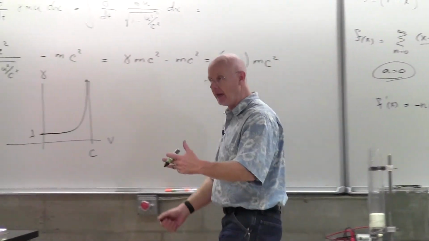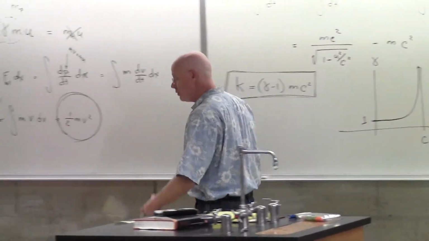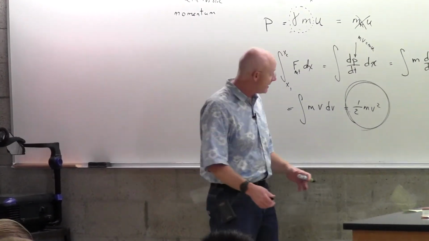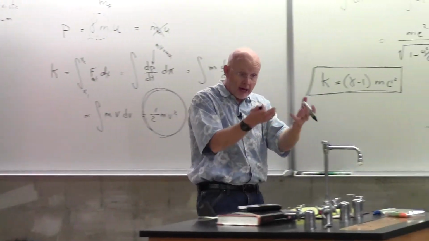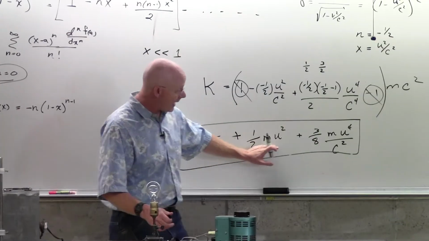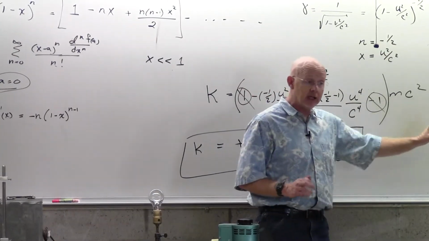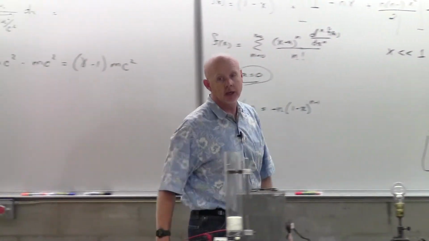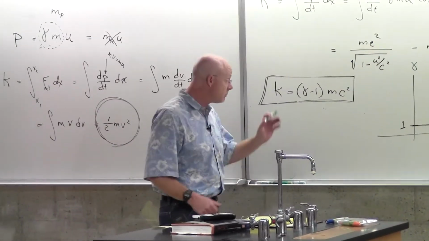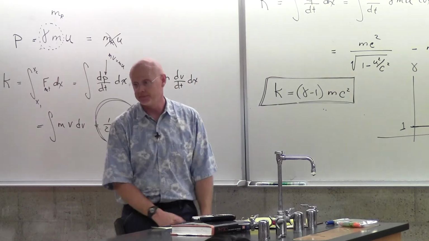It's probably not that sufficient until you start getting up to 2, 3, 4% the speed of light, but they wanted it more accurate for the kinetic energy, so they gave a more accurate, although not complete, formula for the kinetic energy. And so this is point number 2, that this one does look like that one.